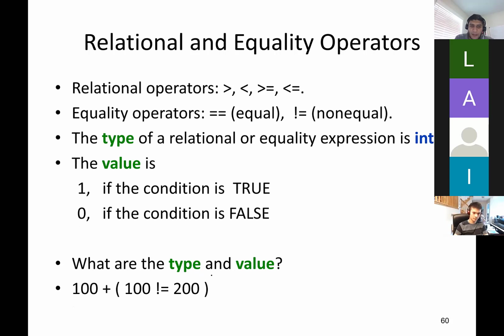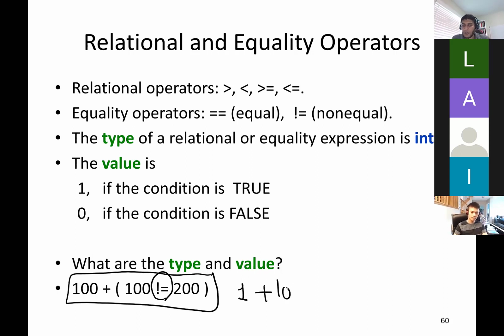For example, if I do something like this, it might not be valid in Python, but it's valid in C. Why? Because this expression is evaluating to int. Is 100 not equal to 200? Yes, that's true. But true in C evaluates to 1. And now you are adding 1 plus 100, so it gives you 101.